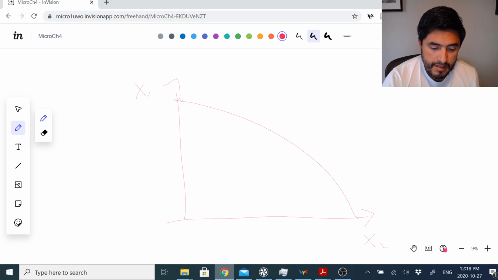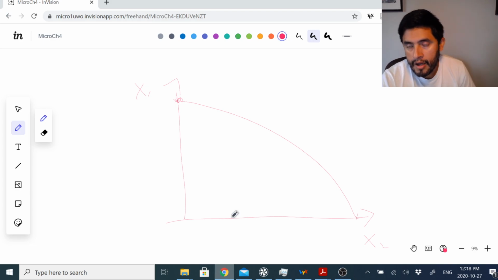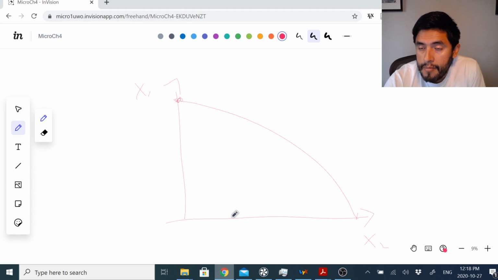This point means that individual 2 consumes nothing, but individual 1 consumes everything of the good. And this is the aggregate surplus; all of these are on the Pareto frontier.